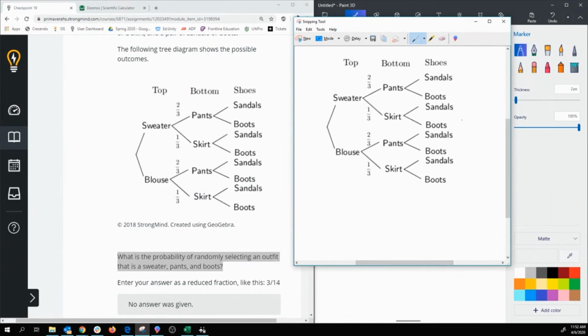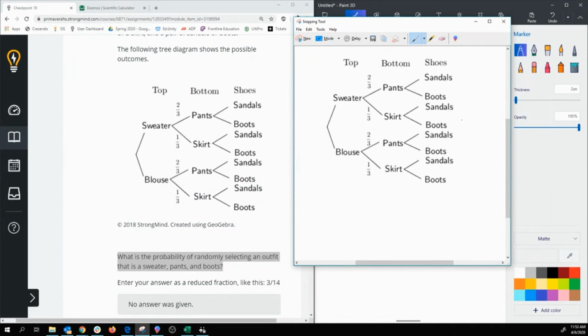So again, this question uses the word and in between all of our different events. This one is very close but slightly different. So on this one, we're talking about pants. On the other one, we used a skirt. So very close, but just the one event that's different.